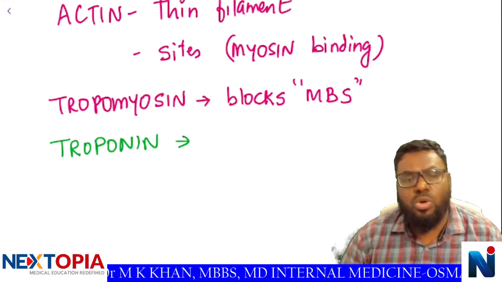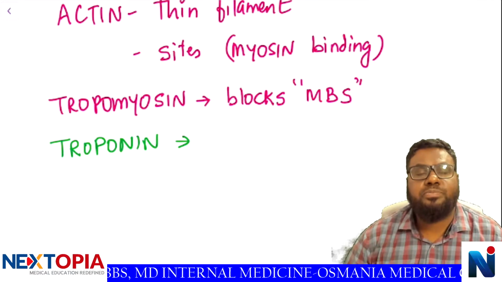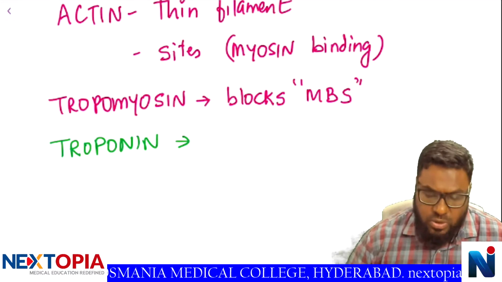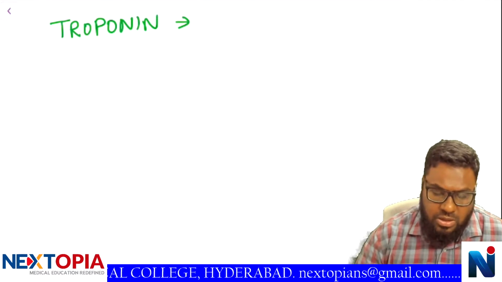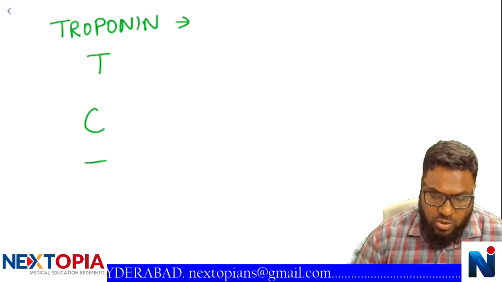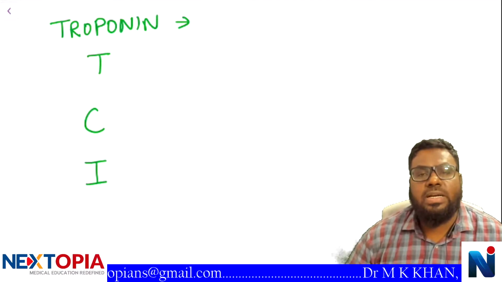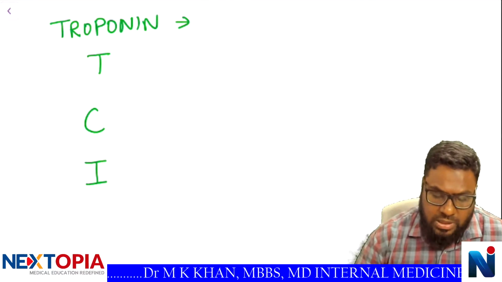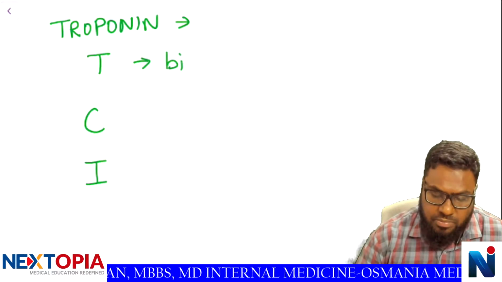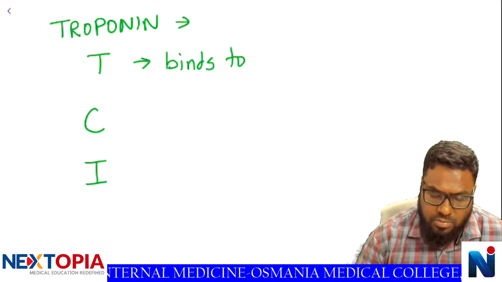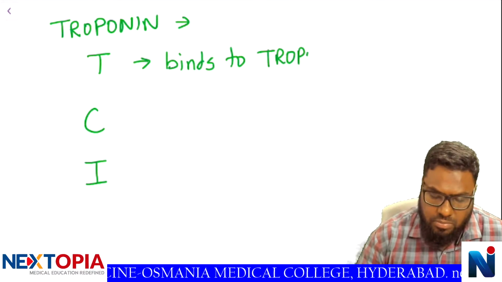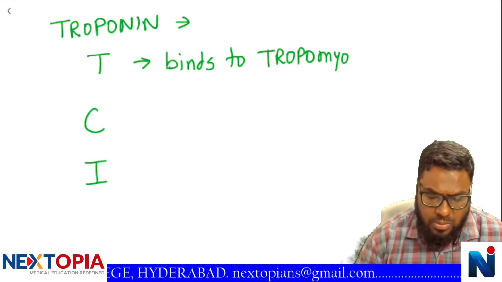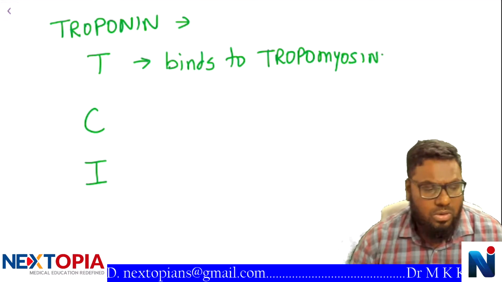What is the function of troponin? Basically, it provides the calcium binding site. I told you there are three types of troponin: troponin T, troponin C, and troponin I. Troponin T binds to the tropomyosin.